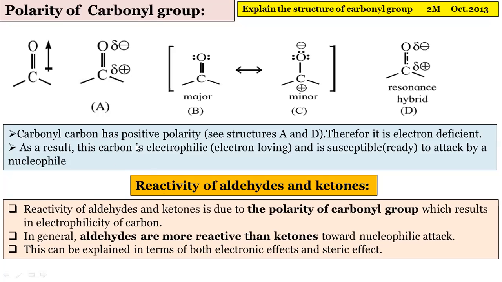If an R group is attached, the R group gives electron density to this carbon, so this carbon becomes less positive. So as the number of R groups increases, the reactivity decreases.